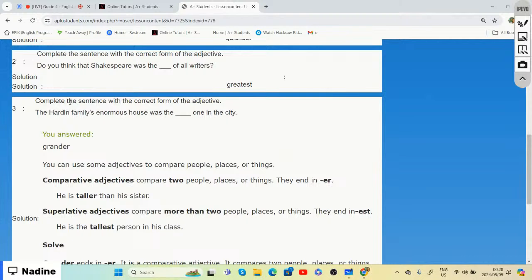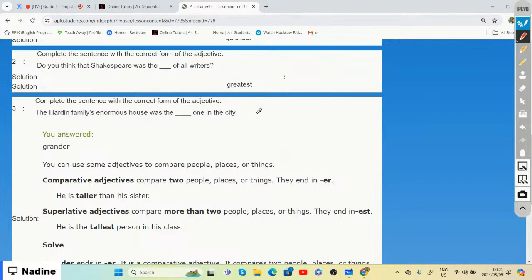And then we need to complete the sentence with the correct form of adjective. The Harden family's enormous house was the. Do we say that their house was the grander house than anybody's house, or the grandest house in the city?